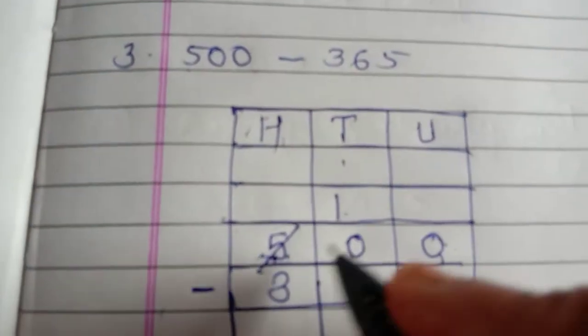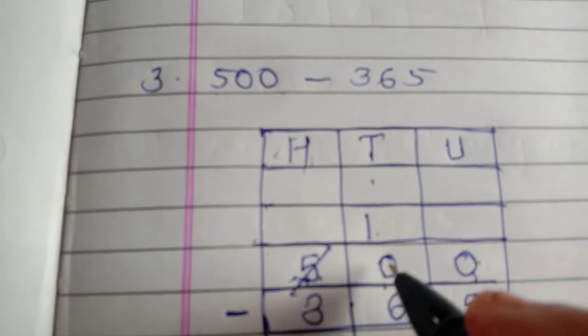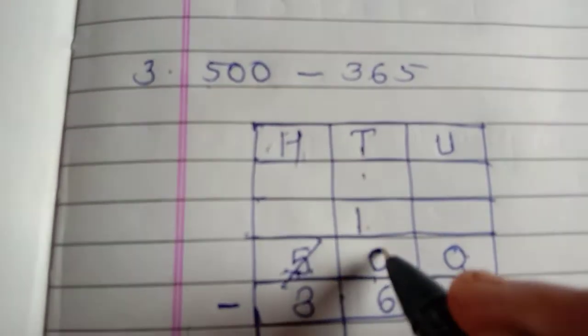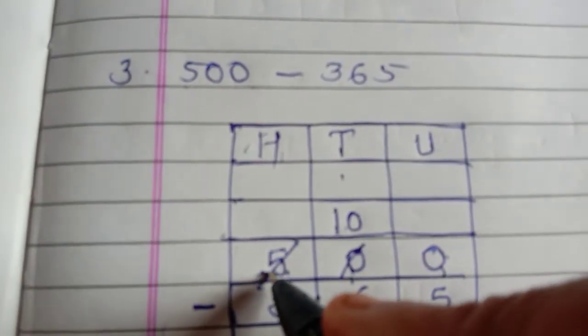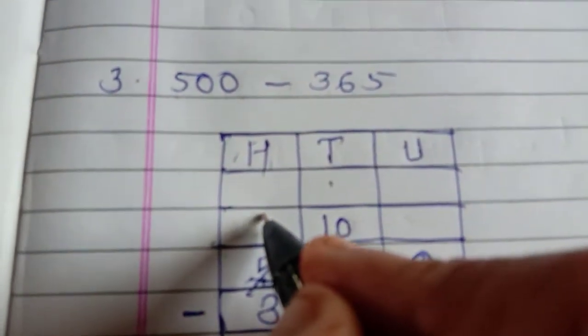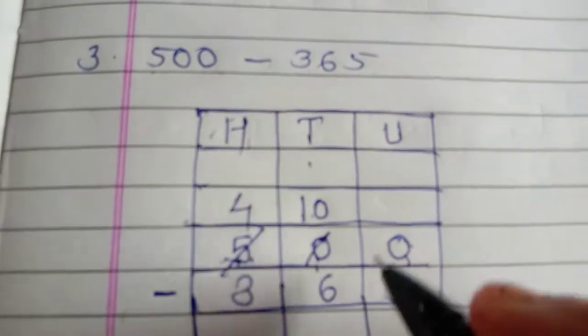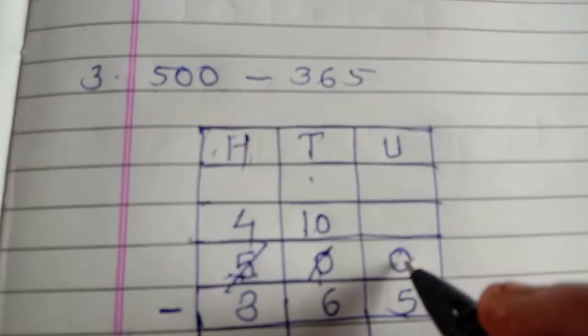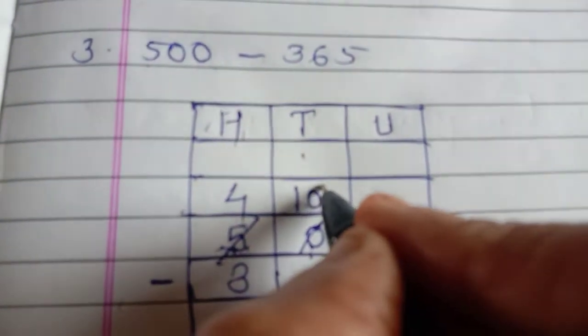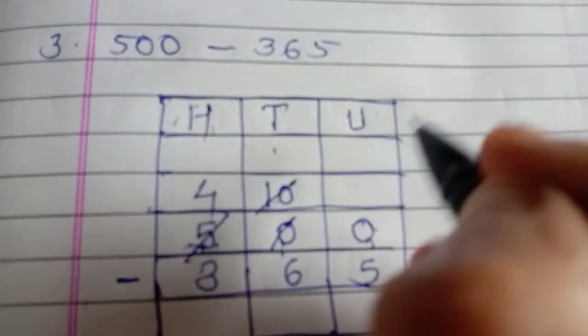Okay. Look here. Pay attention here. And write 100 means 10 tens. Plus here 0. That is 10 tens is here. And here 500 minus 100, that is 400. Now again we cannot subtract 5 from the 0. So what do we do? We borrow 1 ten from these tens.